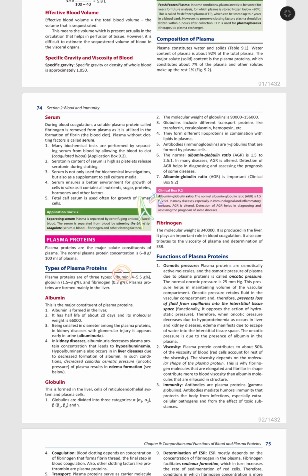There is something called the AG ratio. The AG ratio is usually more than 1, but it is less than 1 in diseases like liver cirrhosis, ischemic liver diseases, etc. Albumin is more in the body, 4 to 5.5 gram percent, whereas globulin is 1.5 to 3 gram percent.